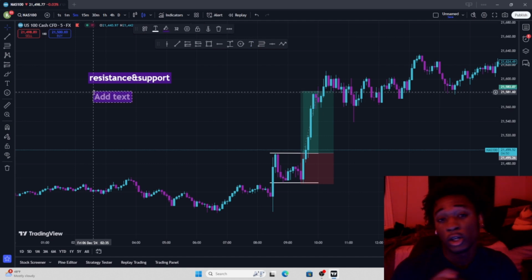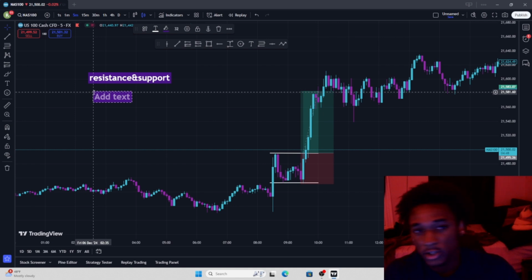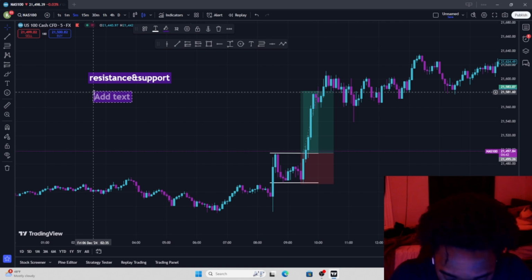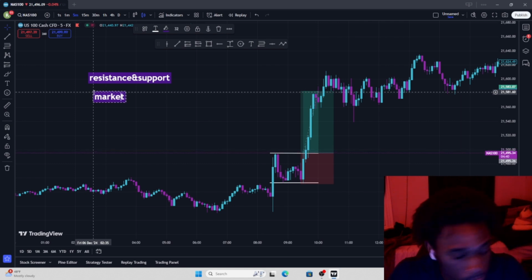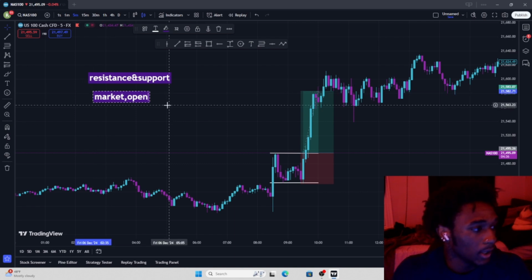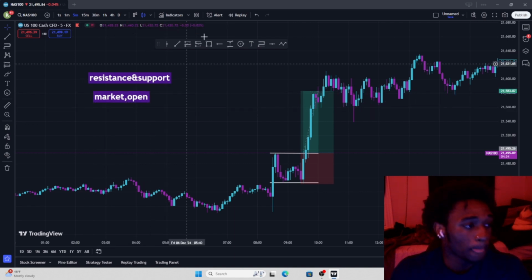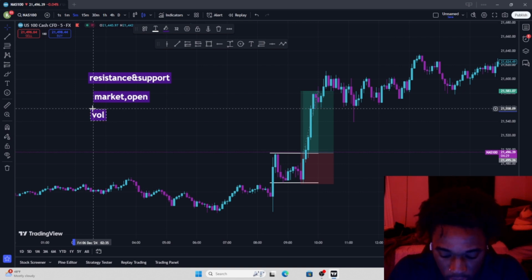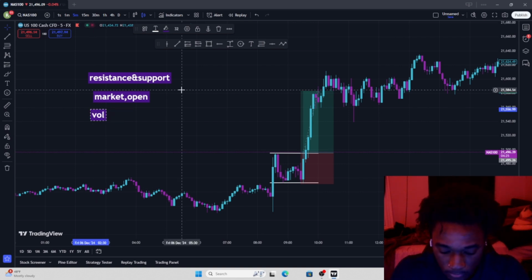So it's basically market open or just the first half of the market being open, because you're gonna want volume. You're gonna want to make sure you're trading it at market open. And the other thing is you're going to want volume, right? So you're going to want to make sure there's volume in the markets. This is the most important part.